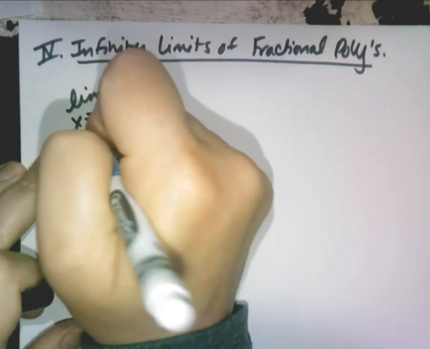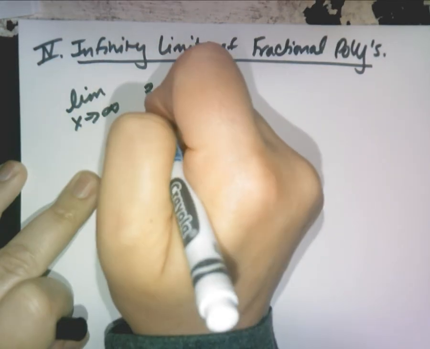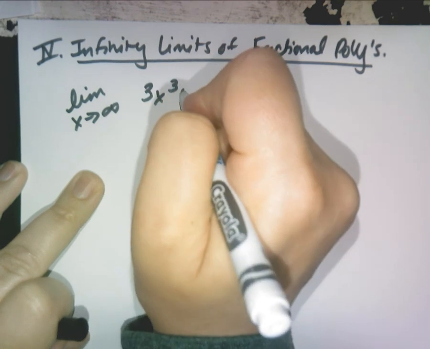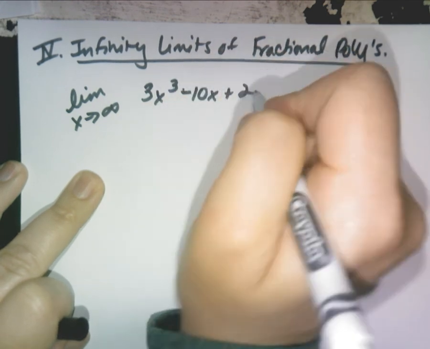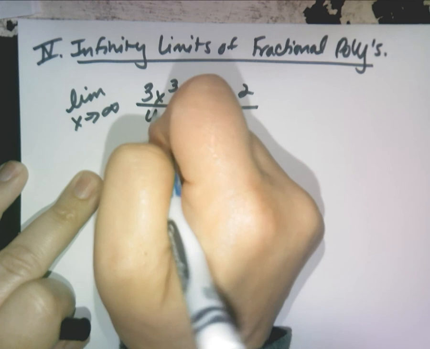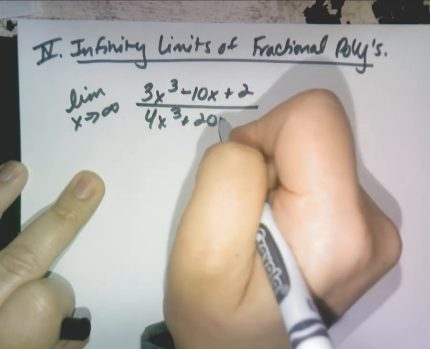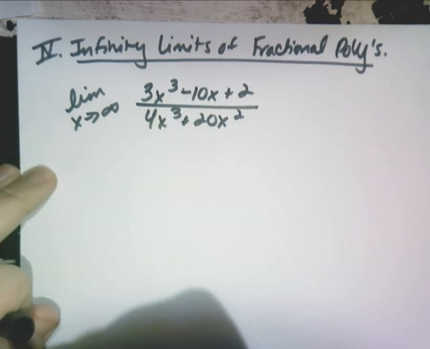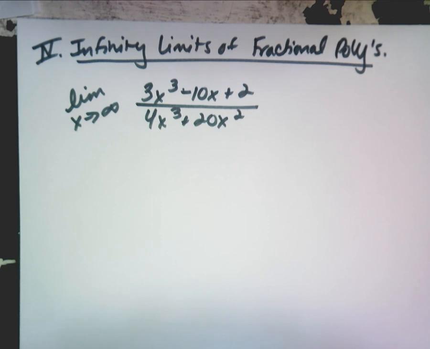So the limit as x goes to infinity of 3x cubed minus 10x plus 2 over 4x cubed plus 20x squared. Now, I want you to be really careful and notice something before you start doing this, because this is where everybody always makes mistakes every single year.